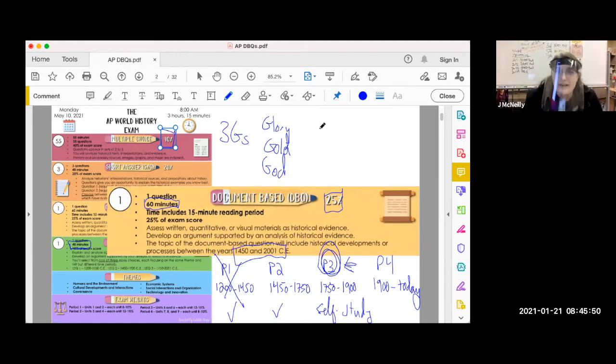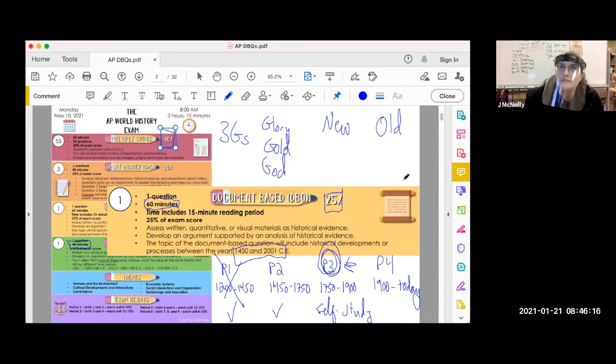And with comparison, you have 2 different worlds: a new world and an old world, the Americas, and then Europe, Africa, and Asia. So you could compare how they fared in the Columbian Exchange, who benefited and who suffered and how. So you can cover all 3 of those historical thinking skills for this essay.